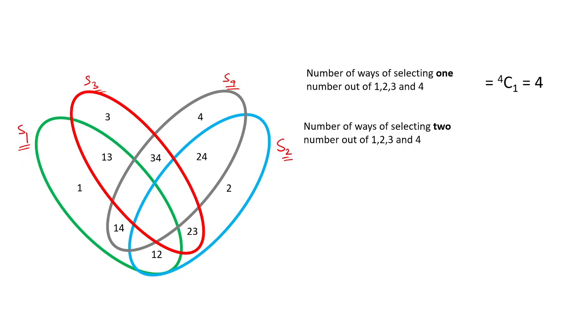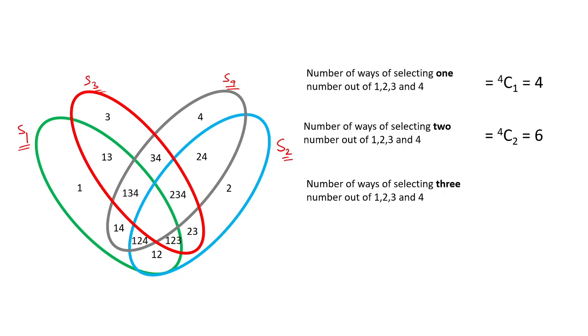So you have these 6 areas also there, and the number of ways of selecting 3 numbers out of 1, 2, 3, 4, there would be 4 such ways, right? And those 4 such areas are also there, right?